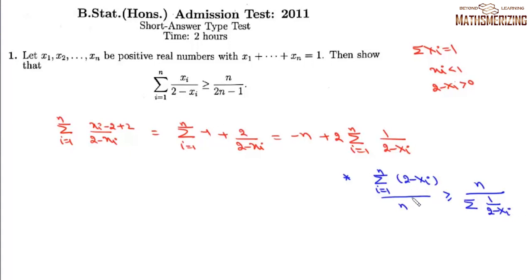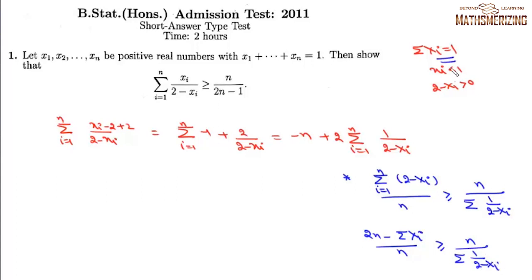Now this summation of 2 minus xi can be expressed as 2n minus the summation xi, whole divided by n, and will be greater than or equal to n upon the summation 1 upon 2 minus xi.